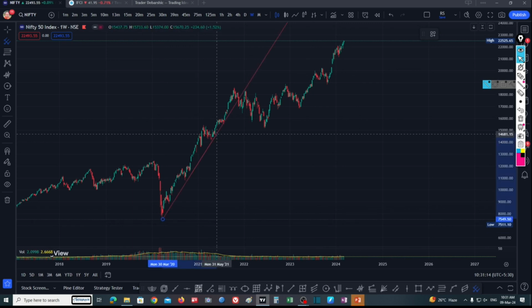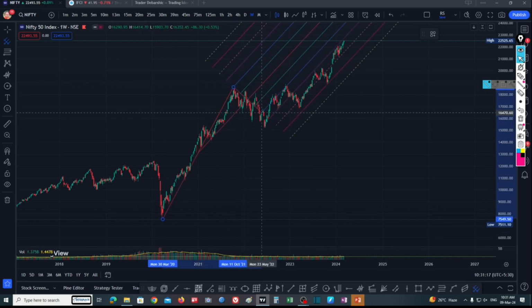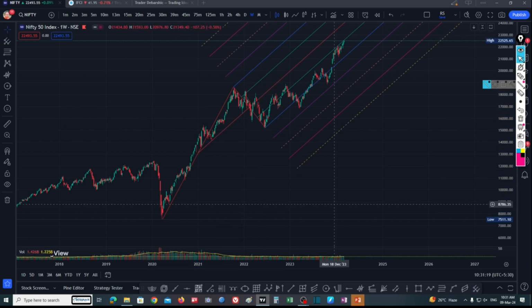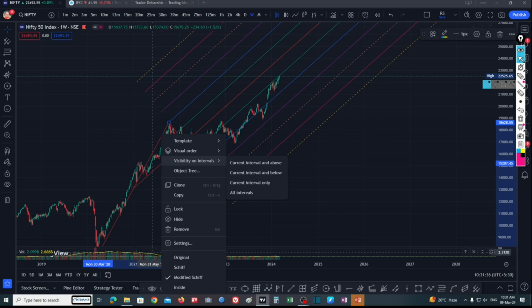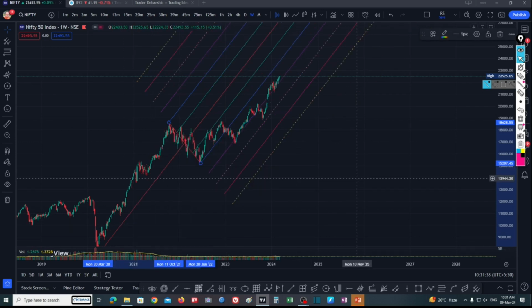If we apply it, look at this, the trend, it's a shift Pitchfork, and that also works in a very excellent way. And we can also select the original, this one, just sliding in the lower parallel line, and these are the warning lines, the dotted lines.